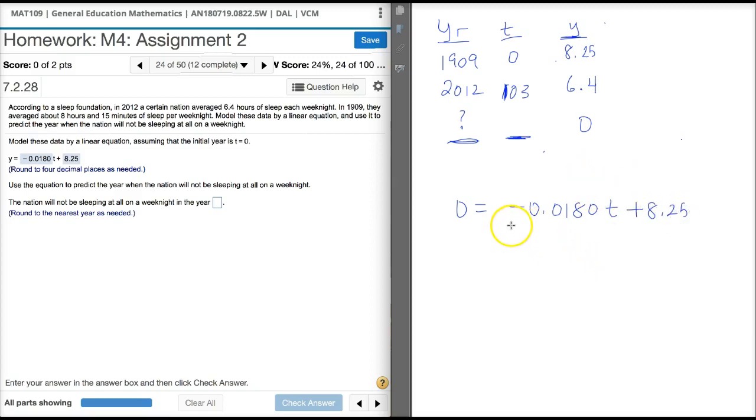Now that we have an equation, we can let Y equal 0 and basically solve for T. And so what we could do here is we have this negative 0.0180t. We need to get that by itself, so we can subtract negative 8.25 from both sides. Cancels here, and we just have a negative 8.25 is equal to a negative 0.0180t.